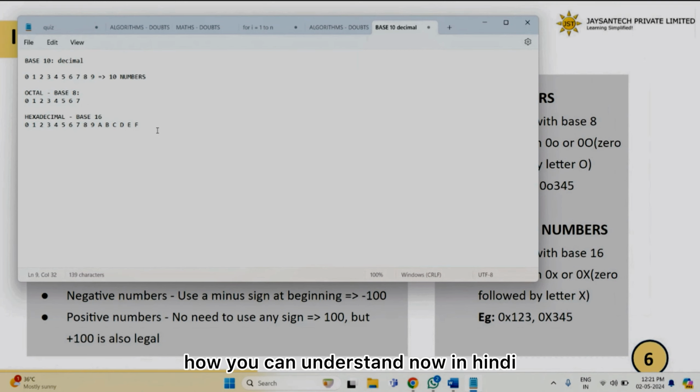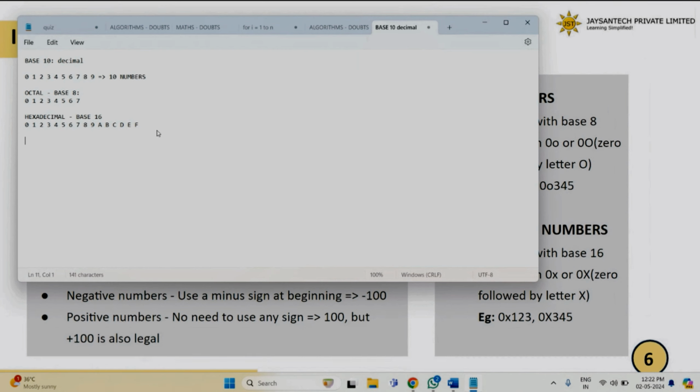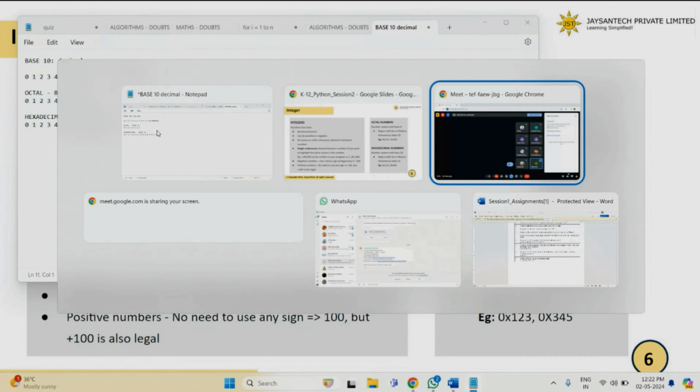How can you understand? In Hindi, how will you write one? One will look different. You've seen Hindi once, guys. Everybody, how will a one look in Hindi? It will look like a 9 with a smaller round. In Hindi, one will look different, two will look different. I'll just show it to you.